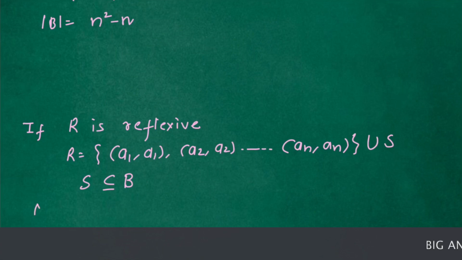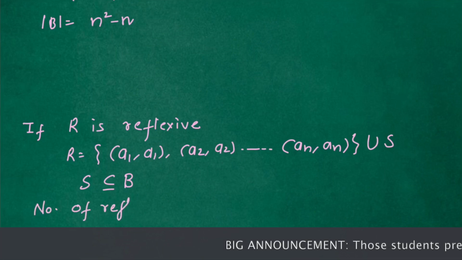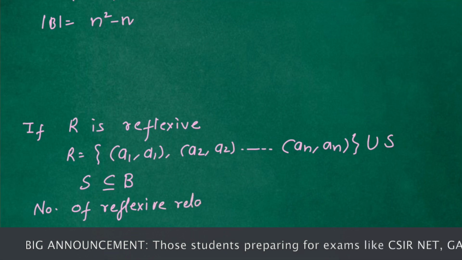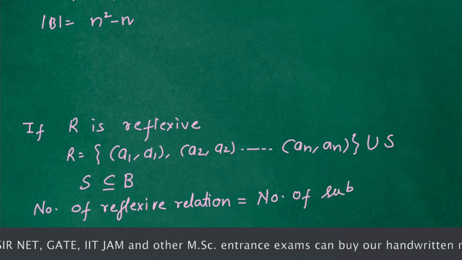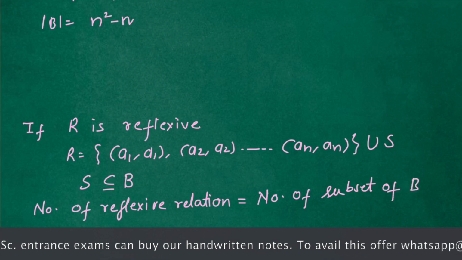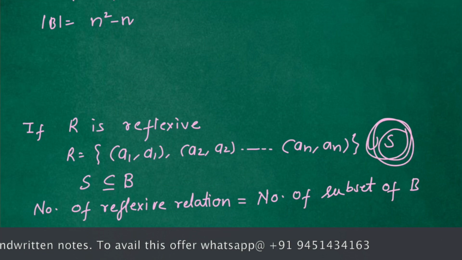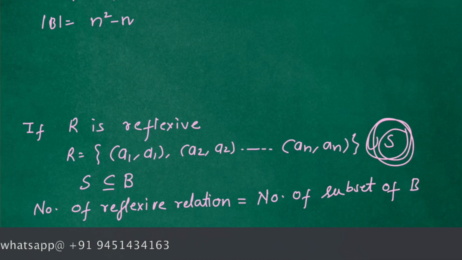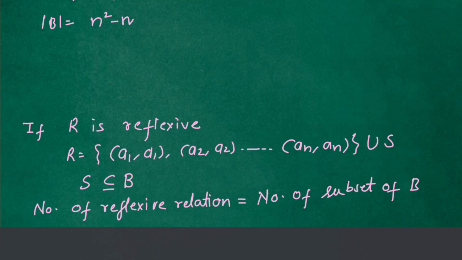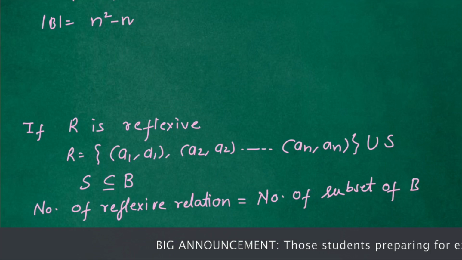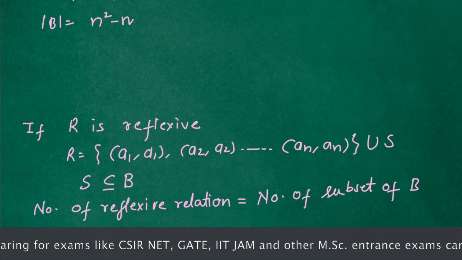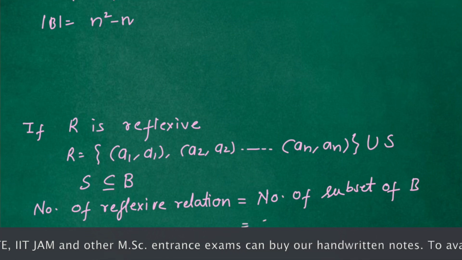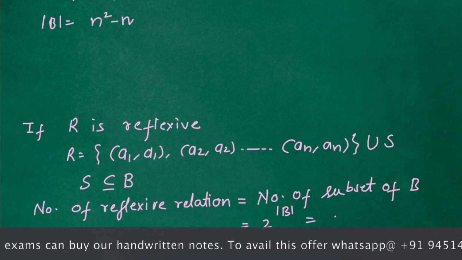Now the number of reflexive relations will be the number of subsets of set B, because this set S can contain any elements of B. The number of possible sets S will be the number of reflexive relations, and the number of possible sets S will be the subsets of B. So the number of reflexive relations will be the number of subsets of set B. The number of subsets of B will be 2 raised to the power cardinality of B, and cardinality of B is n square minus n.